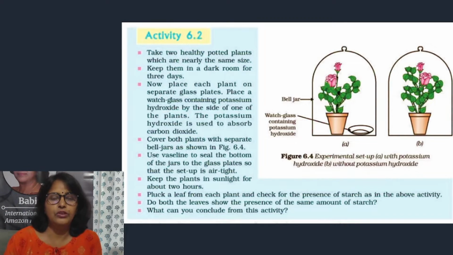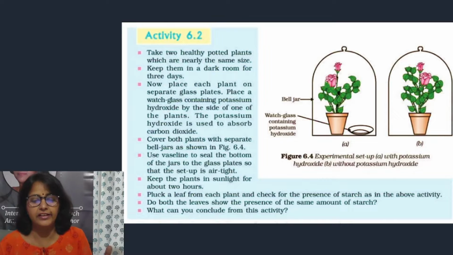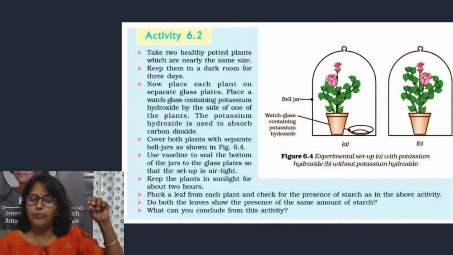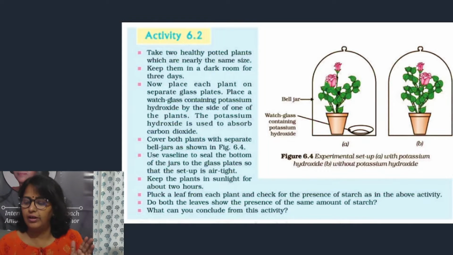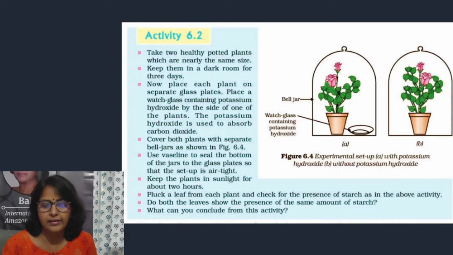After this, we pluck a leaf from both the plants and check for the presence of starch as we did in the last experiment. We boil it in alcohol, then put it in iodine solution, rinse off the excess iodine, and see the result.